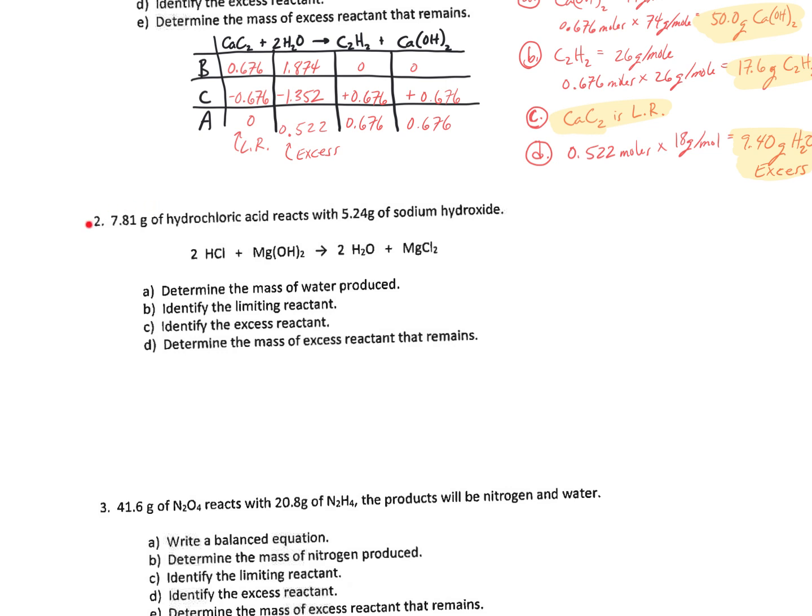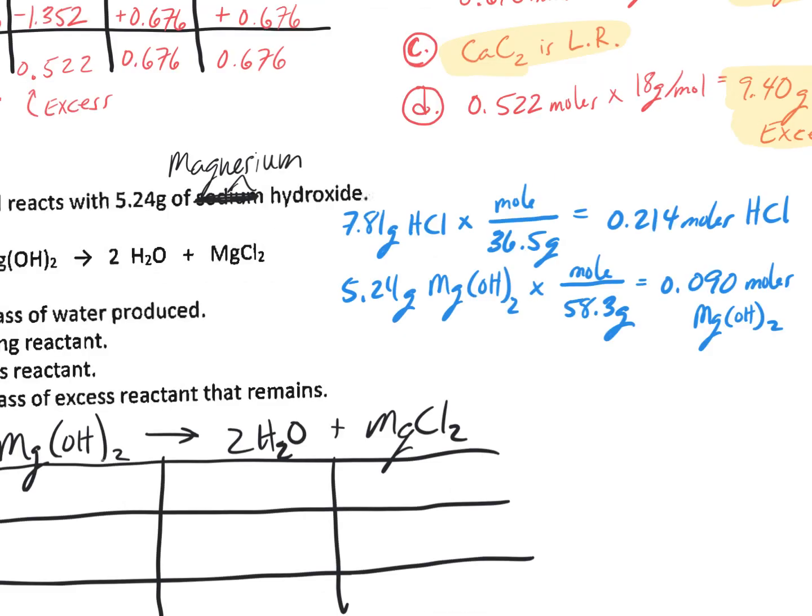All right, so we're going to set up a BCA table. We're going to need to convert grams to moles first because we can't use the mole ratio until we've got moles, and then we'll solve the rest of it. So first step, here we go. Okay, so I converted the number of grams of HCl to the number of moles of HCl and the number of grams of magnesium hydroxide to the number of moles of magnesium hydroxide.